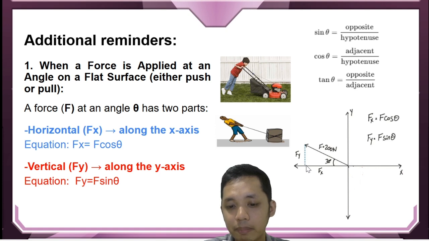And then, the vertical component of this force can be represented by these broken lines. So, if we will be combining them, the x component, the y component, and the overall force applied by this person, we can form a triangle.